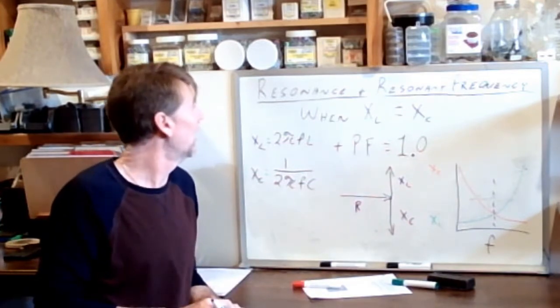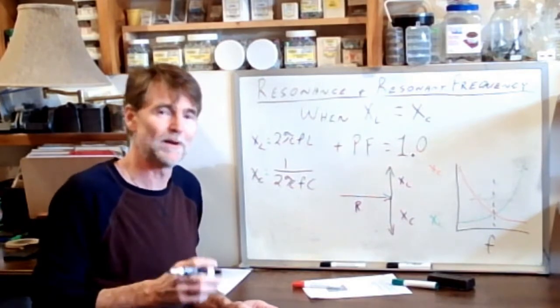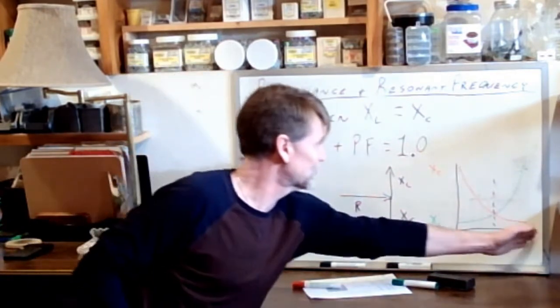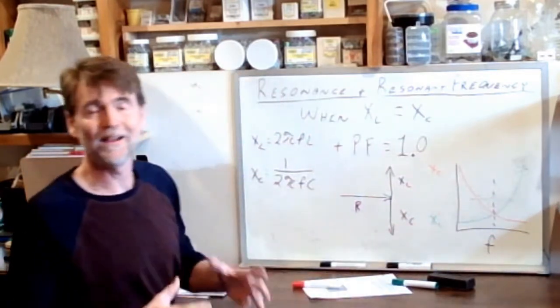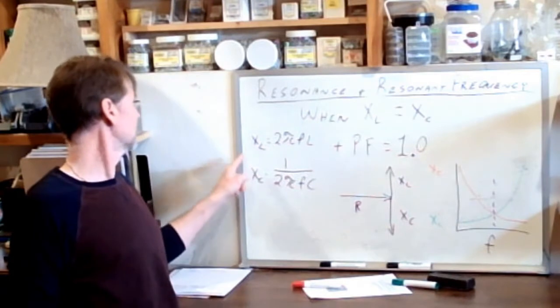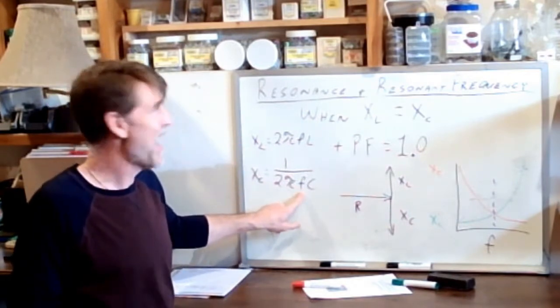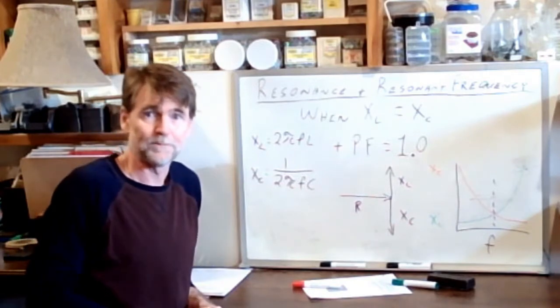We're not going to worry about doing that math and crunching those numbers, but understand that this is true for any RLC circuit. Where we have an inductor and a capacitor connected in the same circuit, there would be a frequency at which that circuit would be resonant.